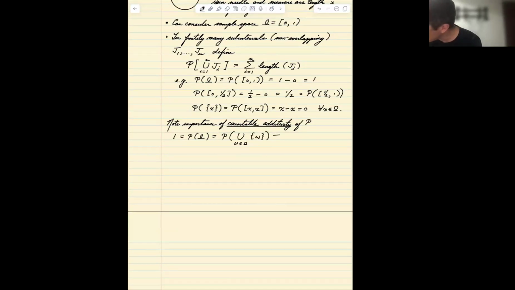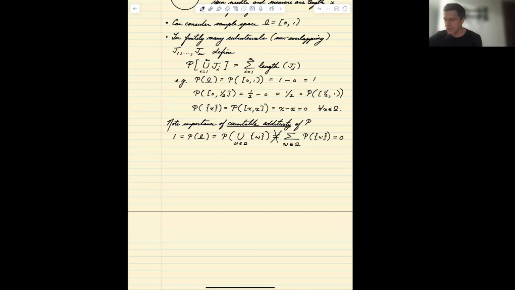But be very clear that we cannot calculate this by summing over the probabilities of the individual pieces, because each individual piece has probability 0, and that sum would be 0.